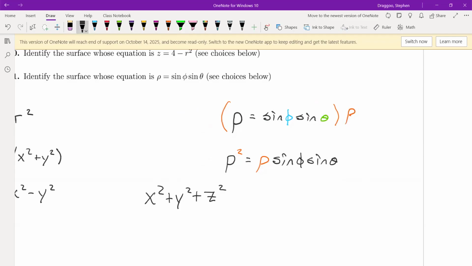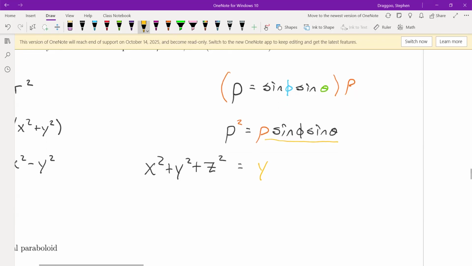And on the other side, I've got rho sine phi sine theta, which is a direct substitution for y. So it's nicer than trying to substitute each of those elements individually, I think. So I did it this way.